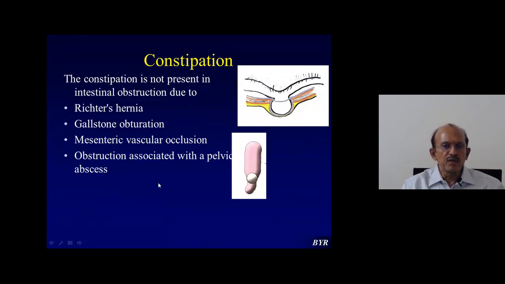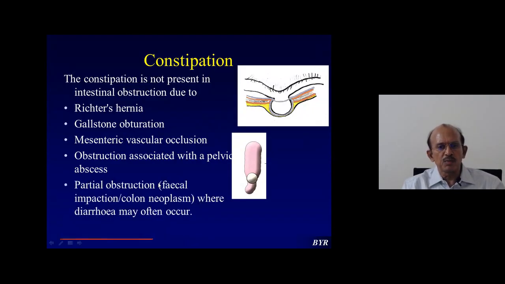So he goes frequently to the toilet and says that he is passing stools. When you inquire closely, that fellow will say there is no fecal matter, but it is all mucus that is coming out. So in pelvic abscess associated obstruction, there will be passage of plenty of mucus per rectum.